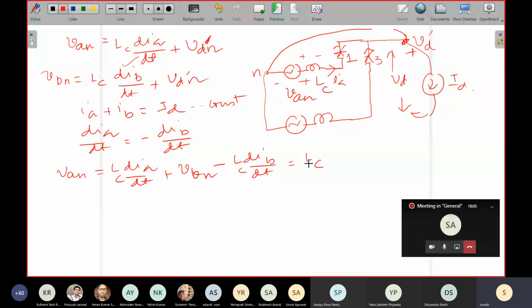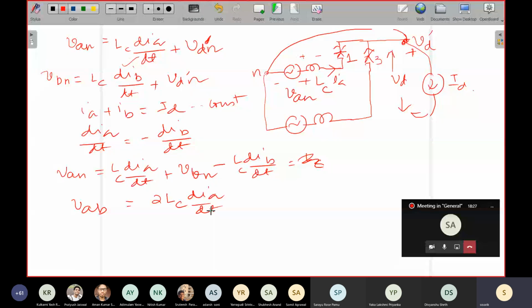Subtracting, VAB, that is VAN minus VBN, is equal to 2 LC dIA by dt, right?